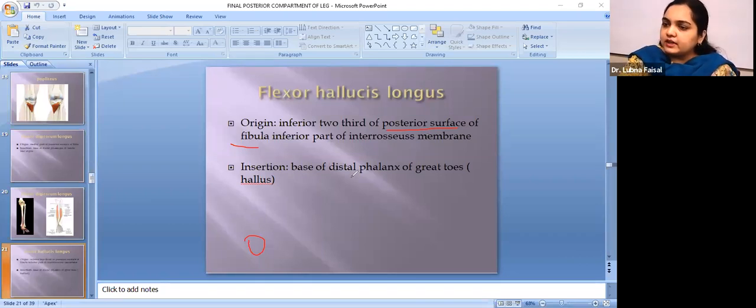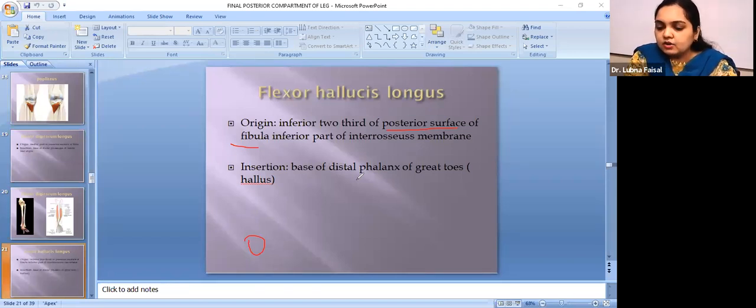Insertion, flexor digitorum longus is inserted into the base of the lateral four digits. Now when we are talking about the tendons of the flexor digitorum longus and the flexor hallucis longus, there is a separate sheath and compartment.